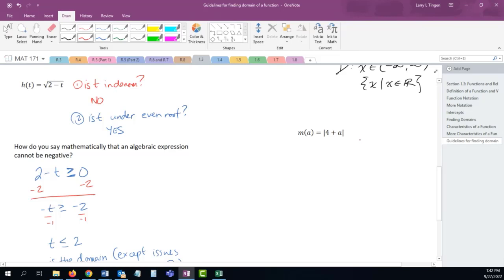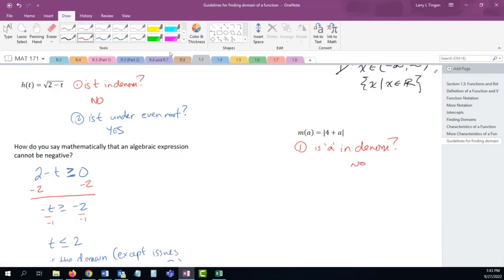So everybody starts looking at this and they're like, okay, wait a second. No, don't look at that and try to add a new rule or make something up. Don't think, oh, well, absolute value only returns positive numbers. No. There are 2 questions you ask for domain. Is the variable, and for this it's a, in the denominator?